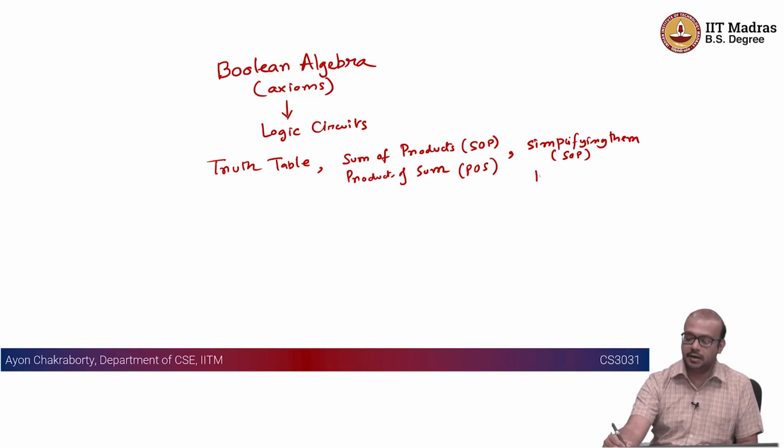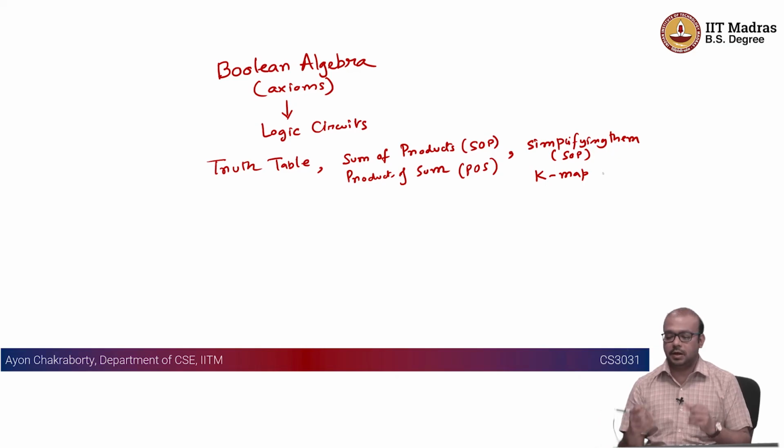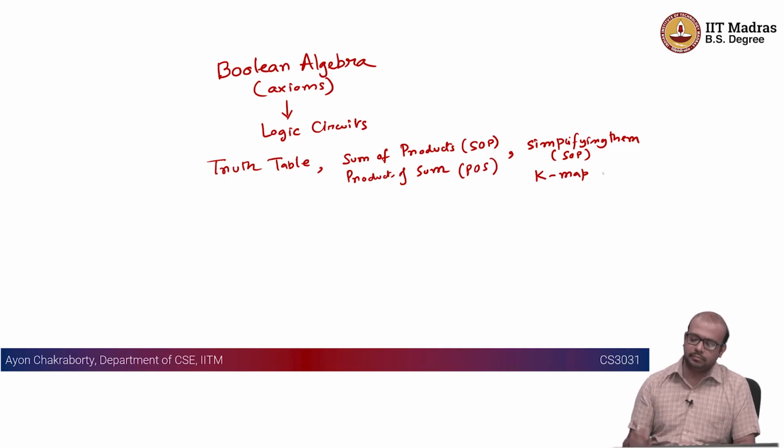Also, we had a method called K-map, which is more of a geometrical approach to group together A and A bar, or X and X bar, and get them thrown out of the simplified version of the equation. X plus X bar is going to be 1, so it does not matter. K-map was an attempt to do that. So, this was primarily Boolean algebra and how to use it to simplify logic circuits.